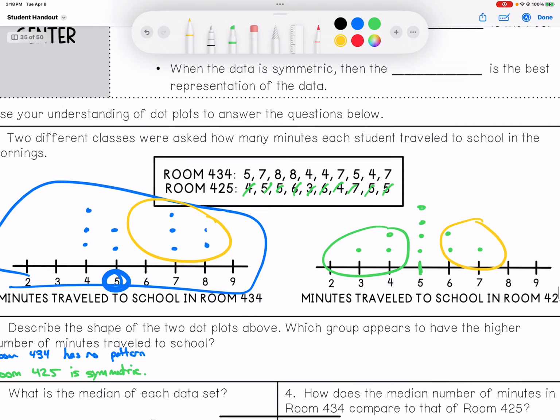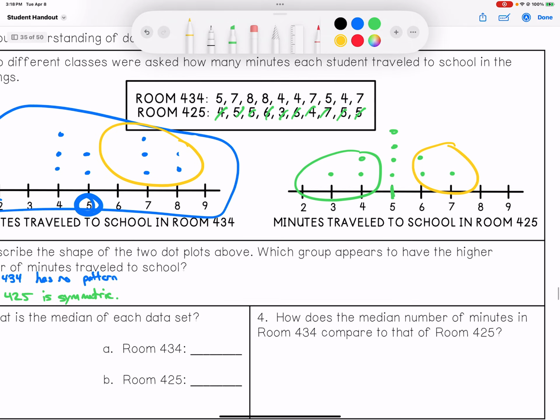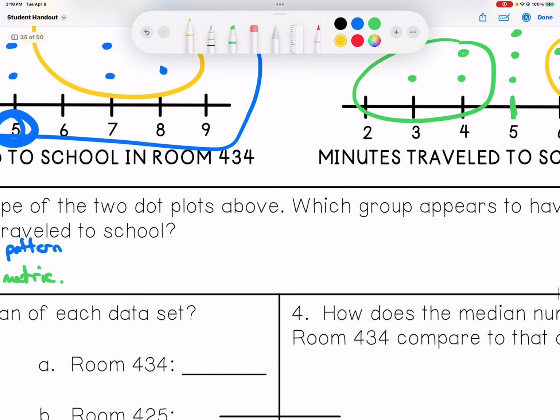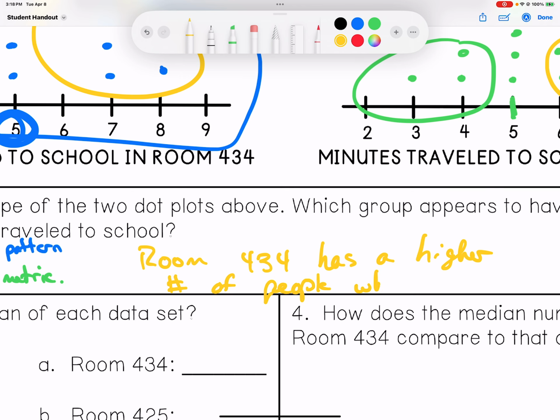So which one seems to have had more people that travel further? That is room 434. So room 434 has a higher number of people who travel further.